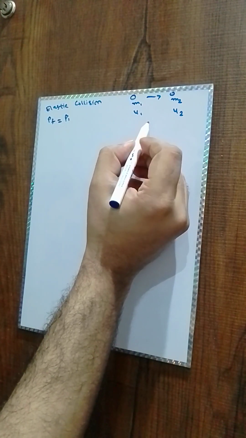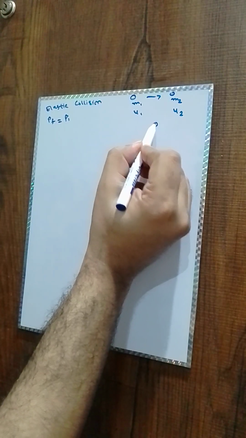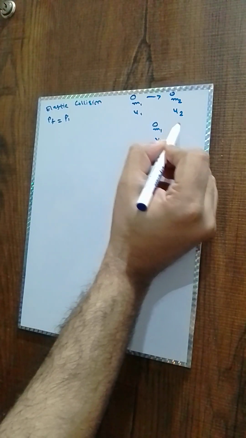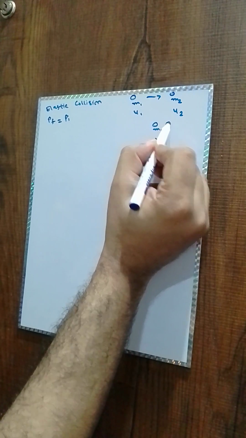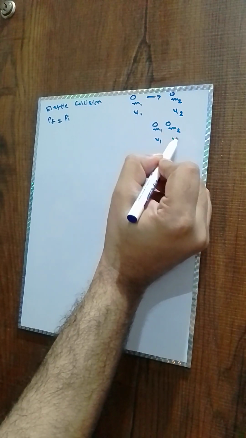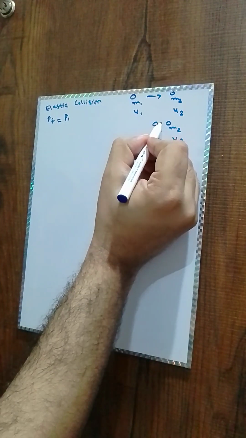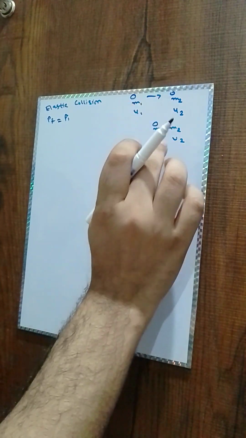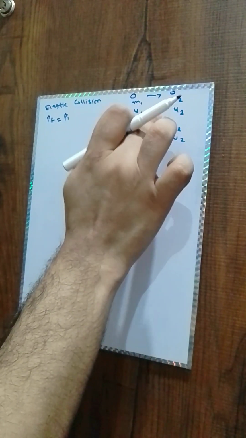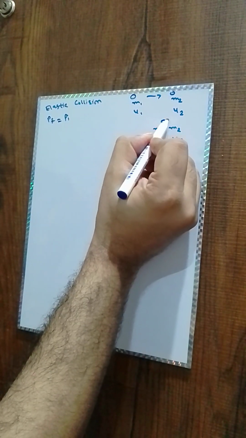And then we have a situation where we have m1 v1 and m2 v2, the final velocities after collision. So this is where the collision basically takes place, if you know what I mean.